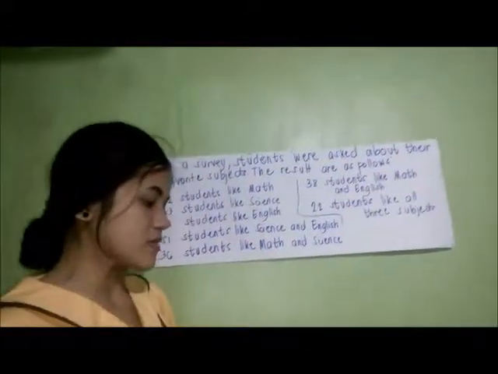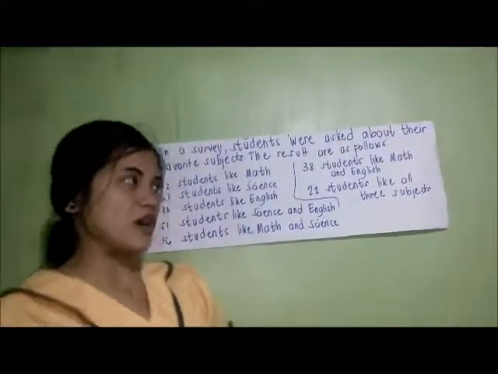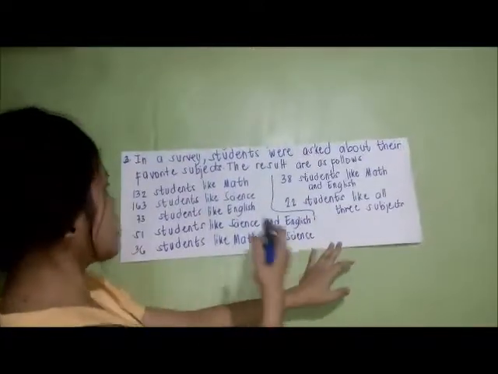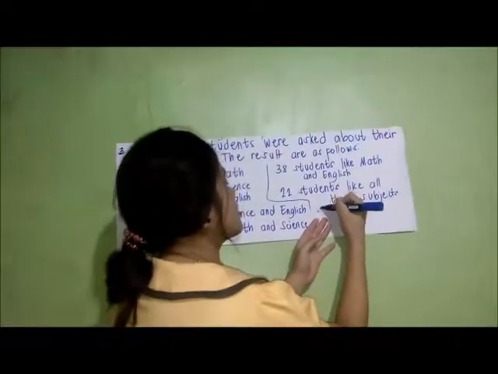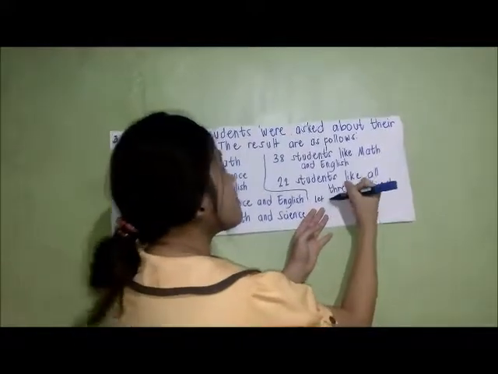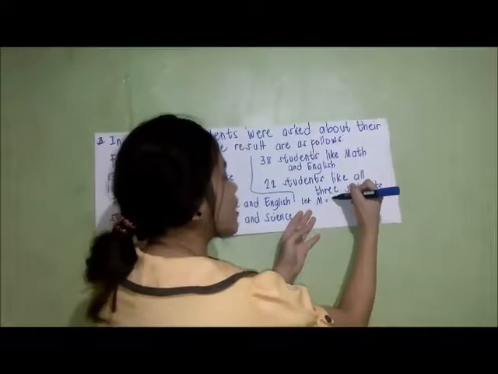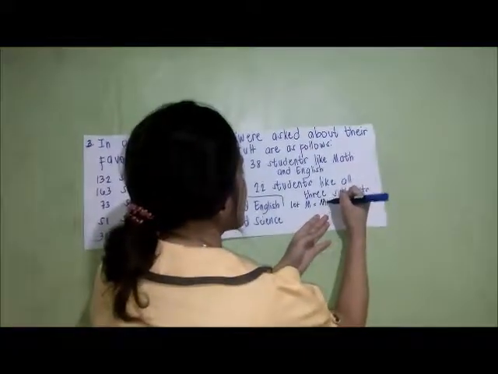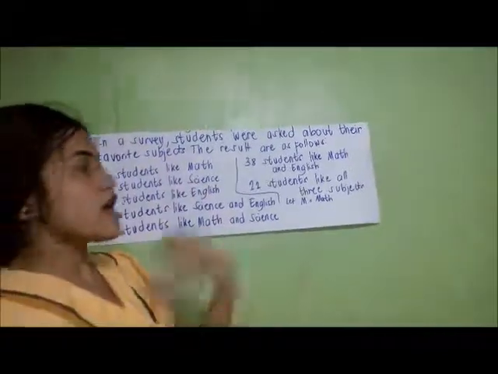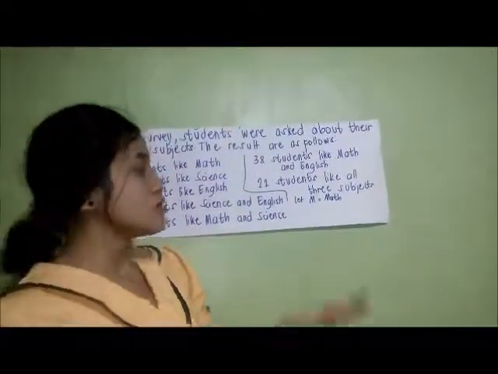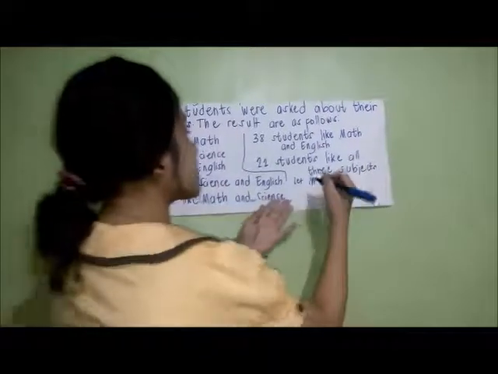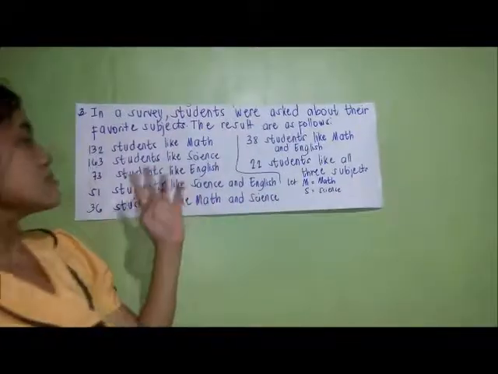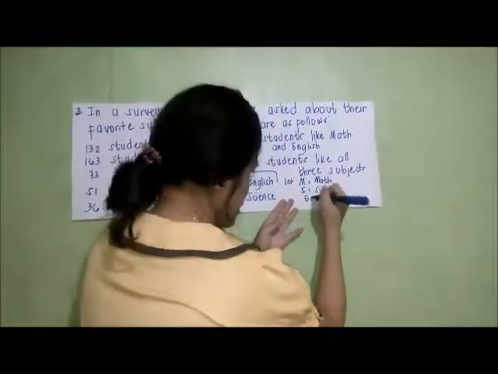Step 2, represent each set by a variable. We have 3 subjects. Let M be the number of persons who like math, S for the number of persons who like science, and E for English.